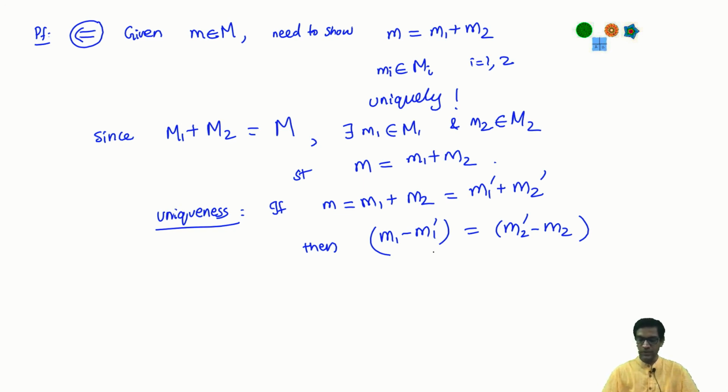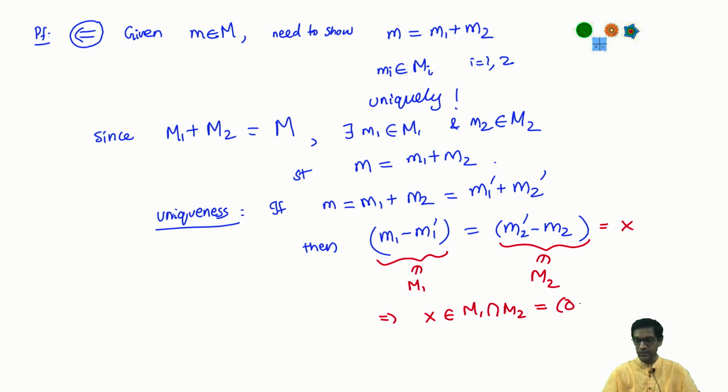So this is the equation that we now get, and now we make the observation that the left hand side is an element of M1, the right hand side being a difference of two elements of M2 is an element of M2. So here's an element, call it x. Now this element x lives both in M1 and M2, which means that x belongs to their intersection, but which by hypothesis is just 0.